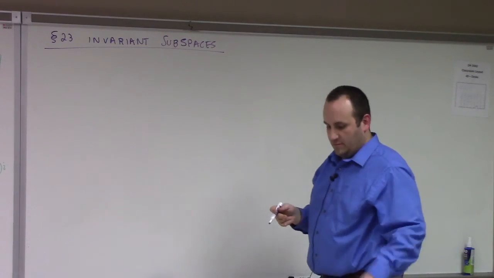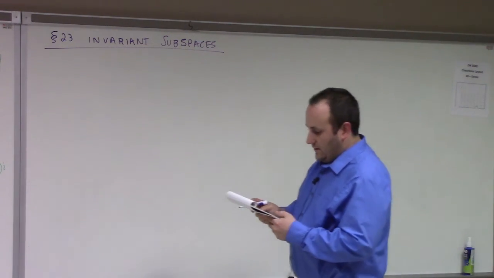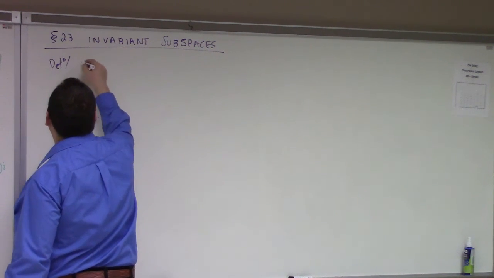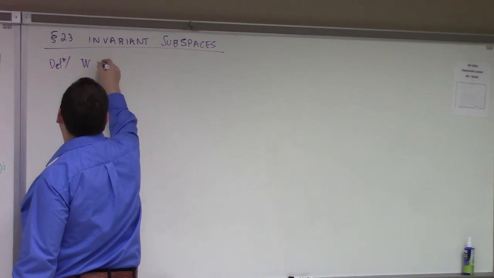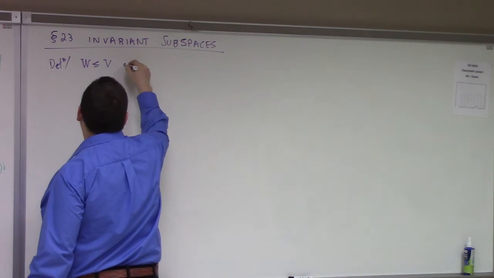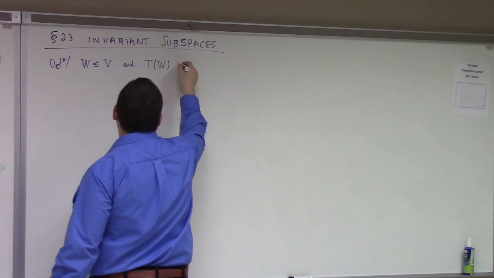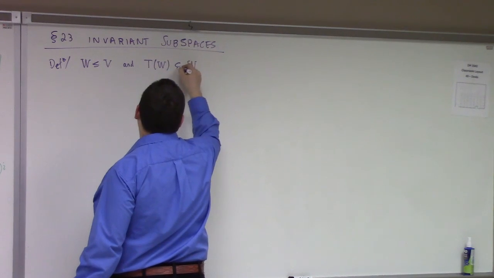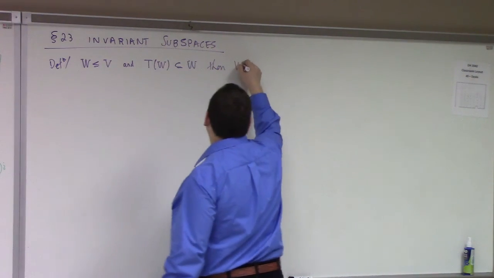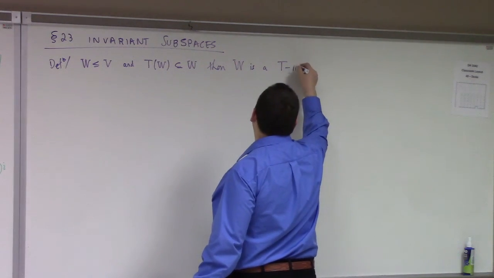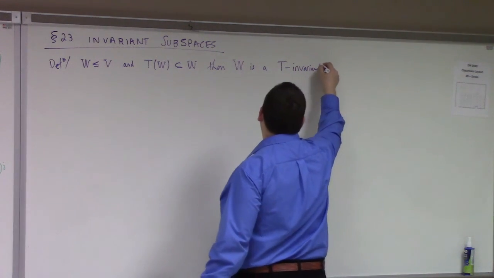So here's the deal. Definition. If W is a subspace of V, and if you have T of W is a subset of W, then W is a T invariant subspace.